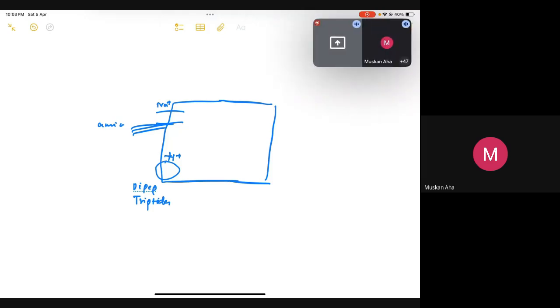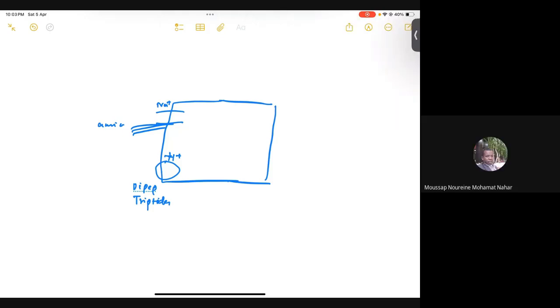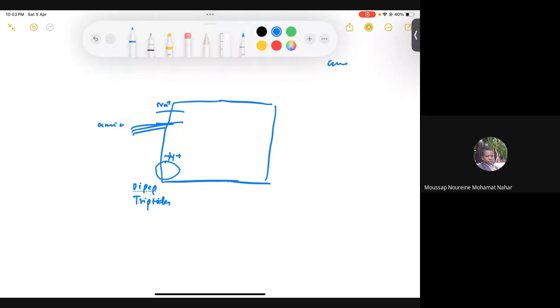Okay, let me repeat it again. Amino acids are basically the small building blocks of your proteins, right? So the small building blocks of proteins are going to be absorbed by your enterocyte. This is your enterocyte, the cells of your gut.